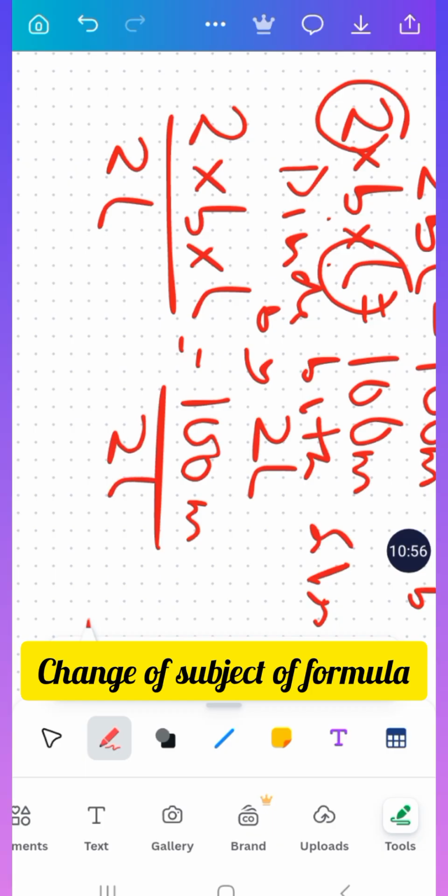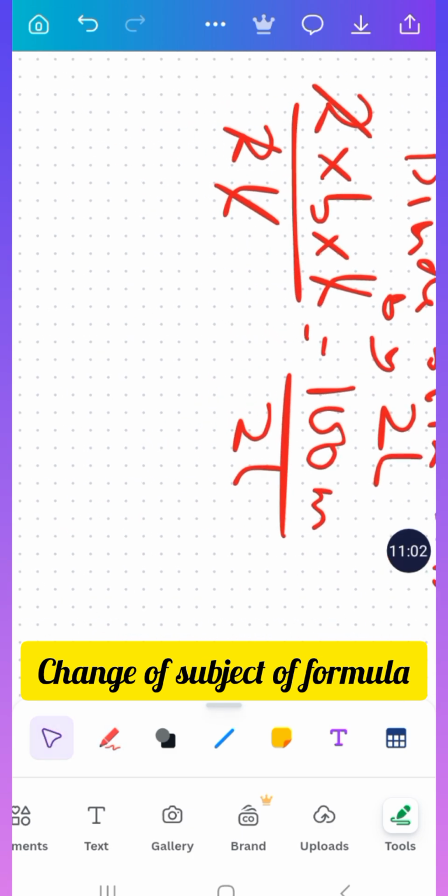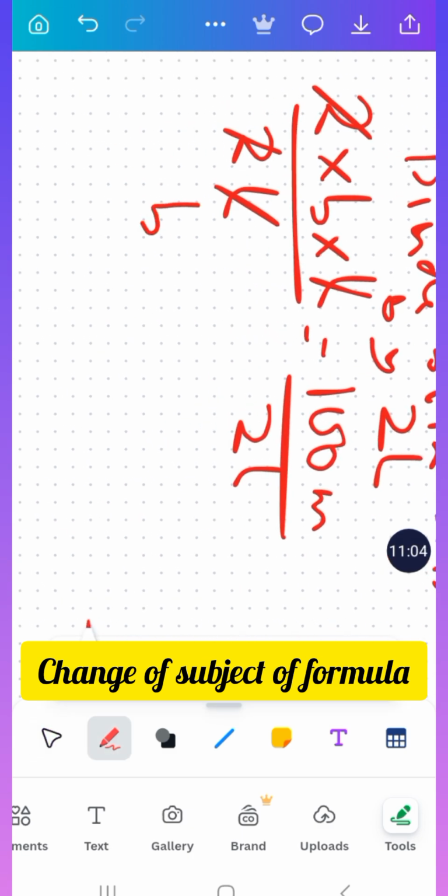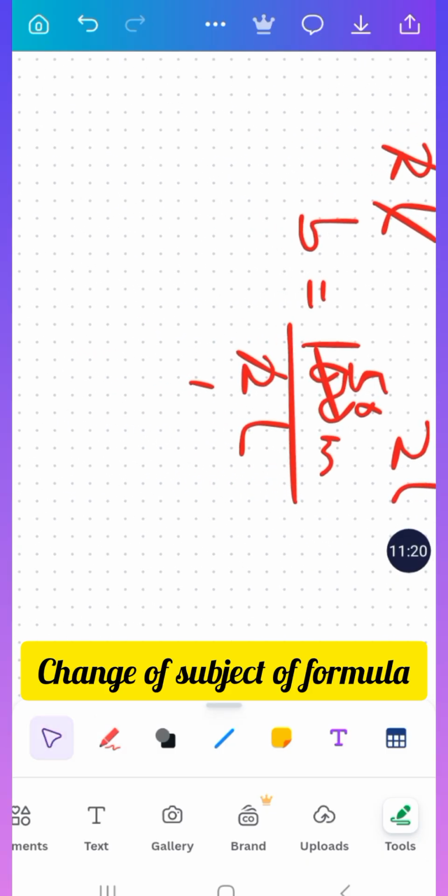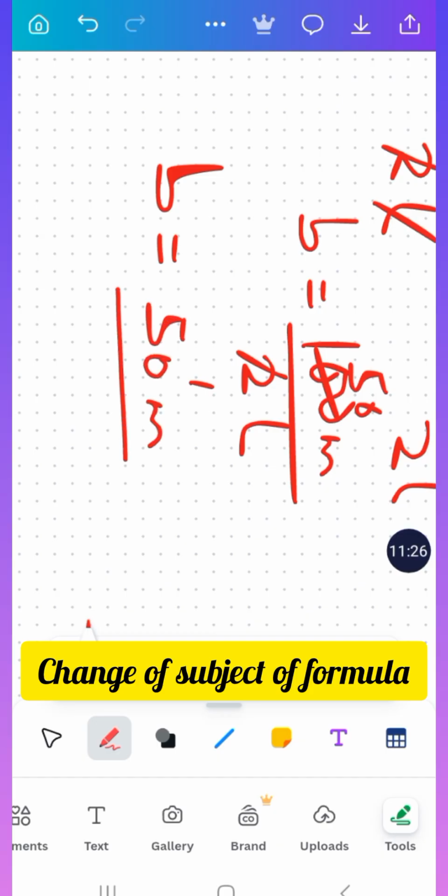And this way, my 2 can cancel 2, my L can cancel L, and I have B equals 100m over 2L. And these two can still cancel, so I can say 50. So I can write it properly by saying B equals 50m over L.